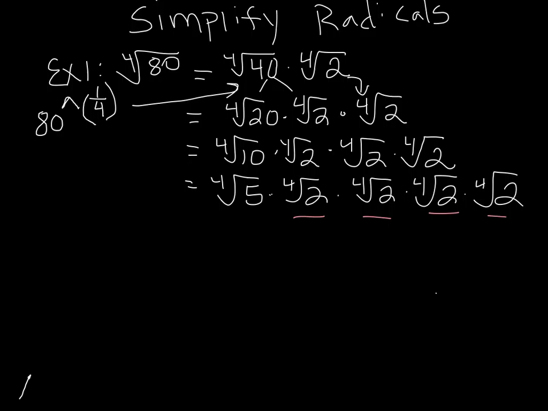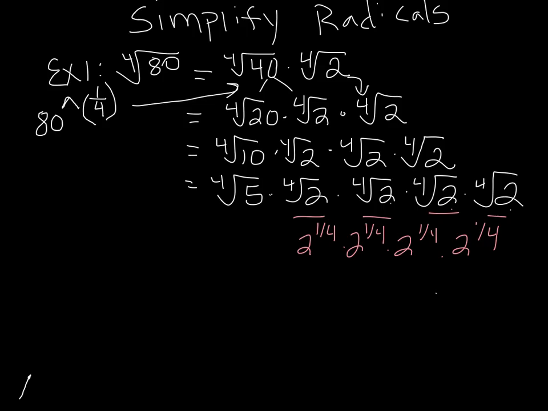Remember, one way to remember this is that if you have as many radicals as you do your index, we know that that's going to simplify to whatever's inside of your radical. What I mean by that is if you think about writing this as an exponent, remember that's like saying 2 to the 1/4 times 2 to the 1/4 times 2 to the 1/4 times 2 to the 1/4.